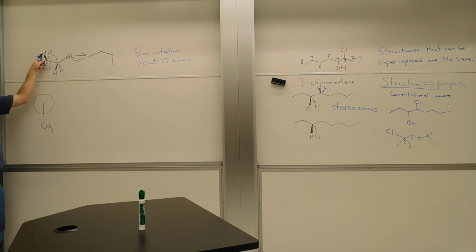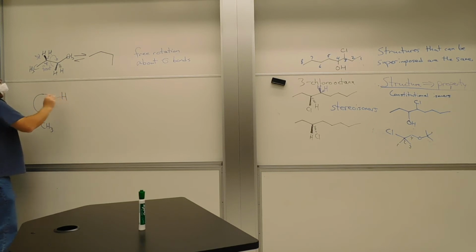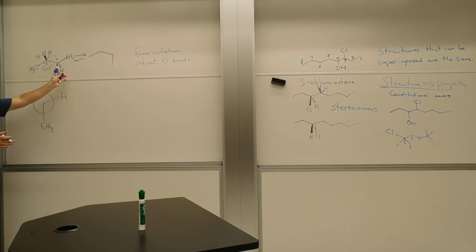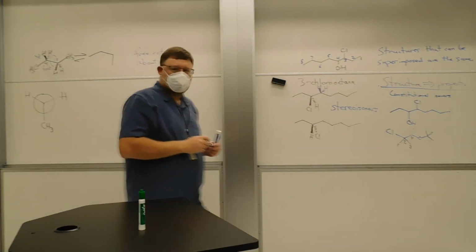This hydrogen, which is sticking out from the board, if I'm in the plane of the board, is to my right. The dashed hydrogen that's behind the board, if I'm in the plane of the board, is to my left. So I've drawn the front carbon.